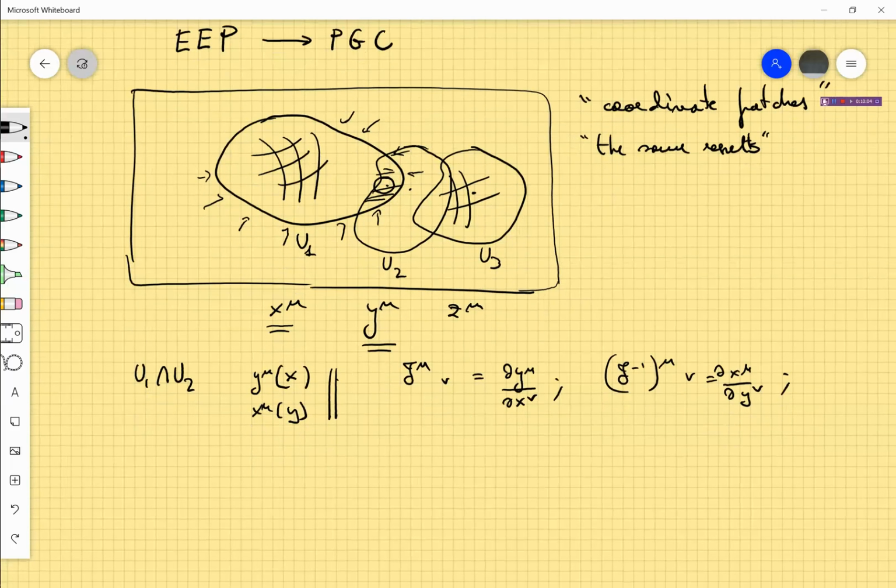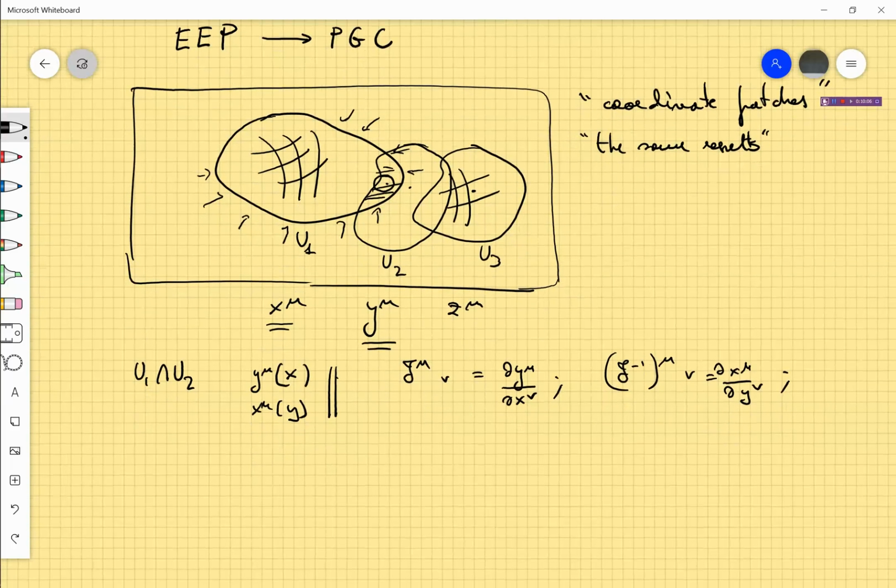And okay, if we can do this systematically and cover the whole spacetime by these coordinate patches, such that in the overlaps the changes of coordinates are one-to-one and differentiable, then this kind of geometrical space, which is the geometrical space in which we will do physics, is called a differentiable manifold.